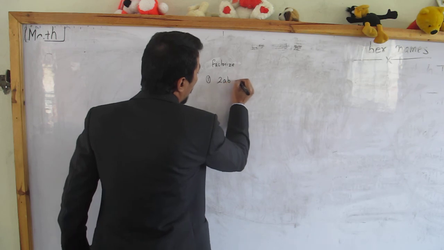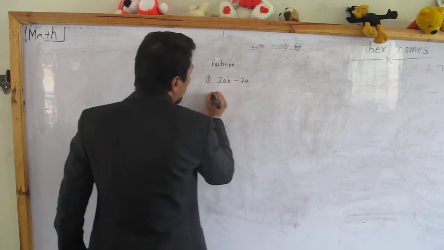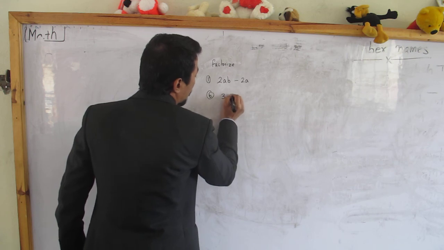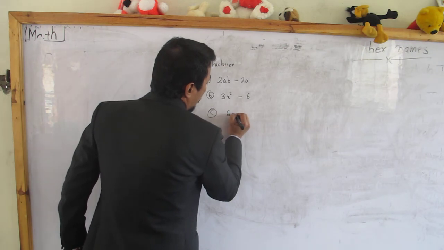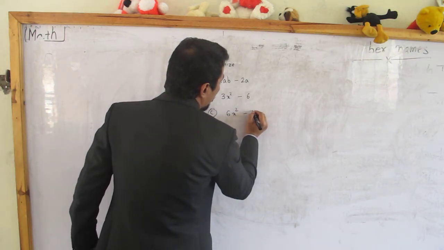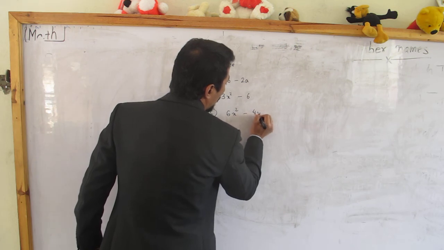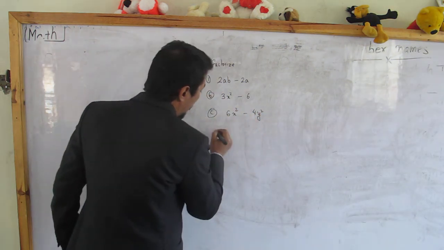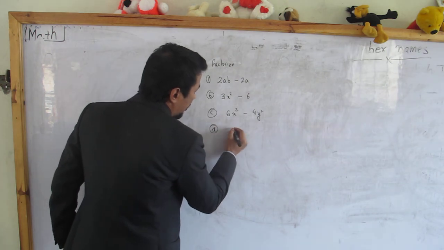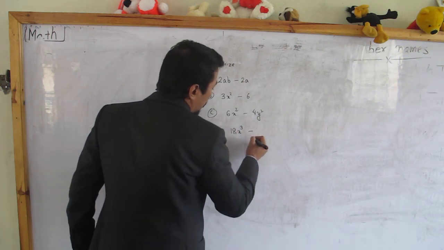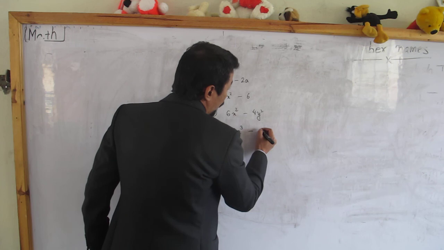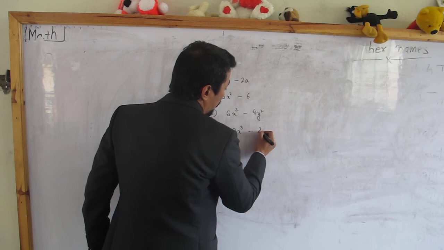Two ab minus 2a. 3x squared minus. 6x squared minus 4y squared, and then 18x cubed minus 2xy squared.